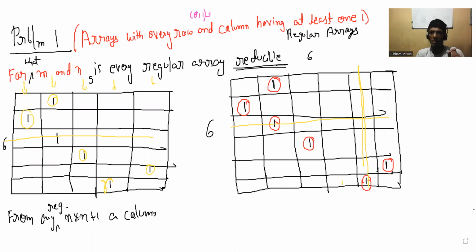Basically, think: if you have an extra column, then you can certainly remove a column and you can still have a regular matrix. For any such matrix, a column can be removed.